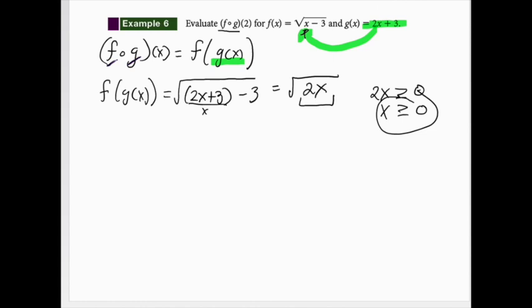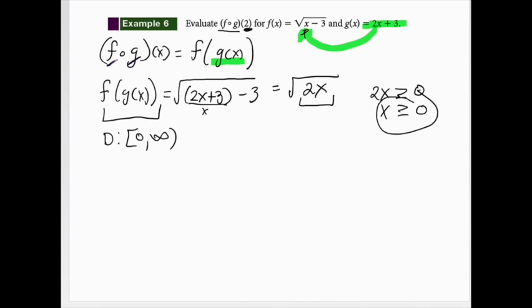So that's going to give me a negative number under the square root. So I need to make sure that whatever I plug in for x here is going to be positive. So for this new function, f of g, we're going to say that the domain is from 0 to infinity.